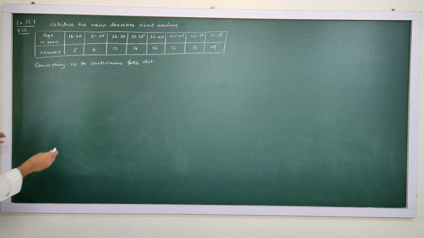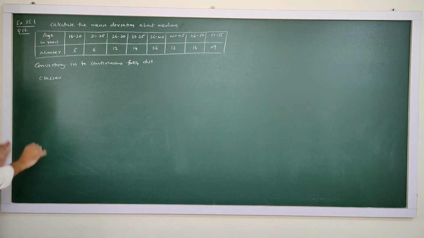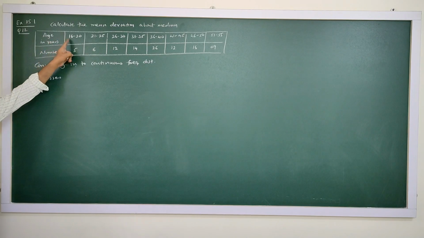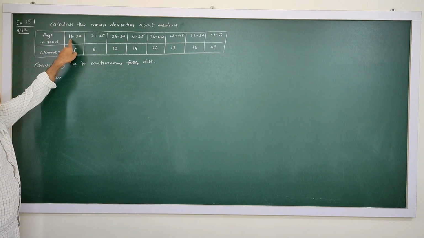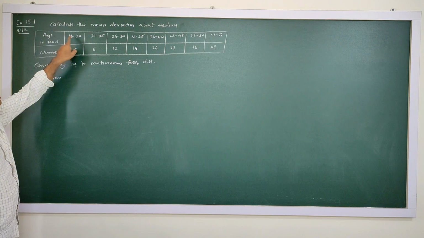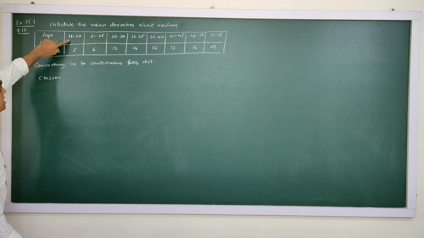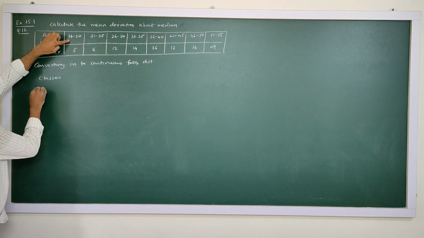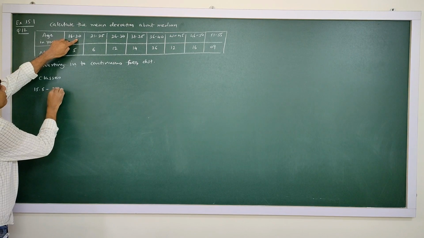The procedure is, from every lower limit subtract 0.5 and add 0.5 to the upper limit. So subtracting 0.5 here, the new classes will be 15.5, and add here 0.5.